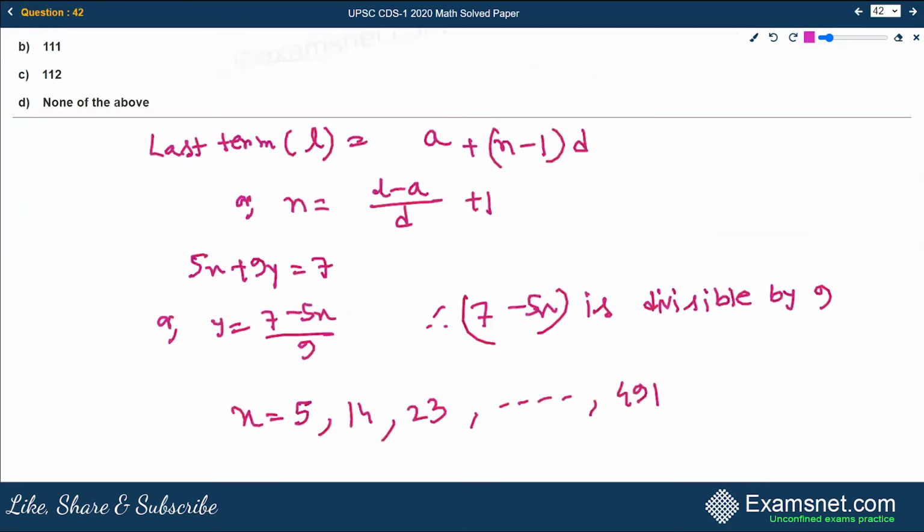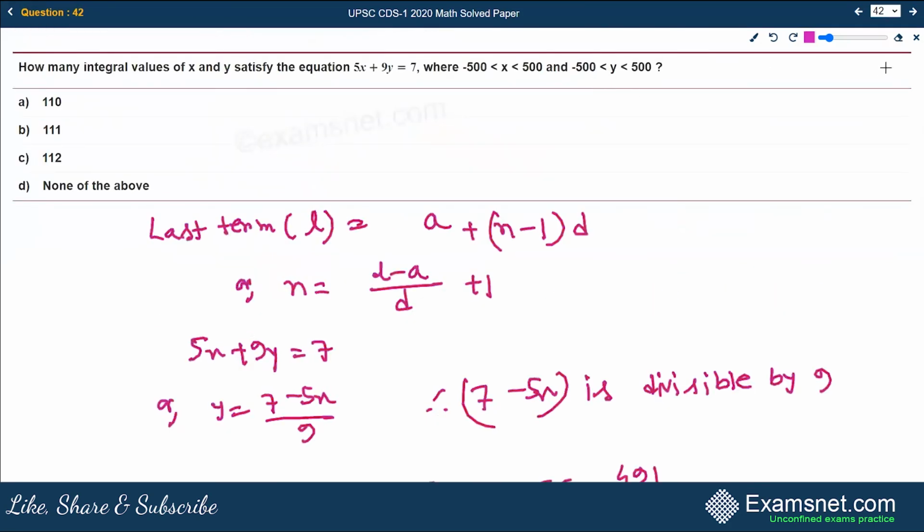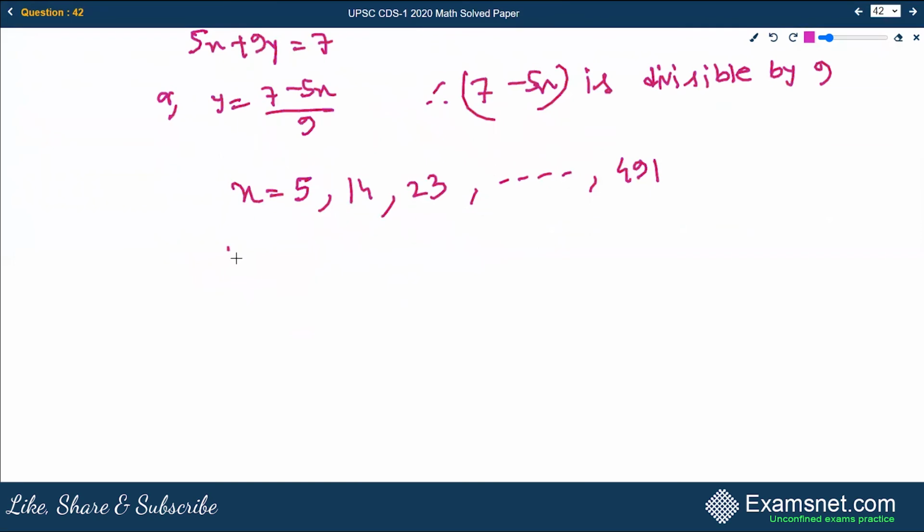Since y can be from minus 500 to 500, the value of x can also be, on the negative side, 5 minus 9, that is minus 4, and then minus 13. Yes, minus 4 minus 9 is minus 13. Like always, the gap between two numbers is 9. That's what we have noticed, right?